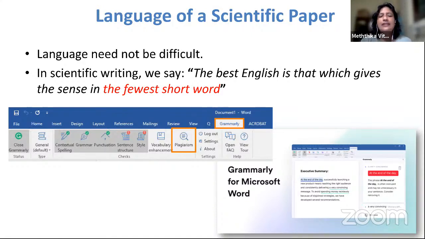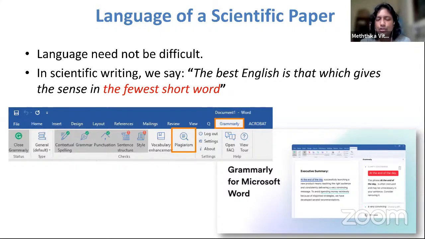So that's not hard. And remember, Microsoft Word has a lot of things that you can benefit from in your writing, right? One thing is Grammarly software. Grammarly software is free. So you can install it into your Microsoft Word.